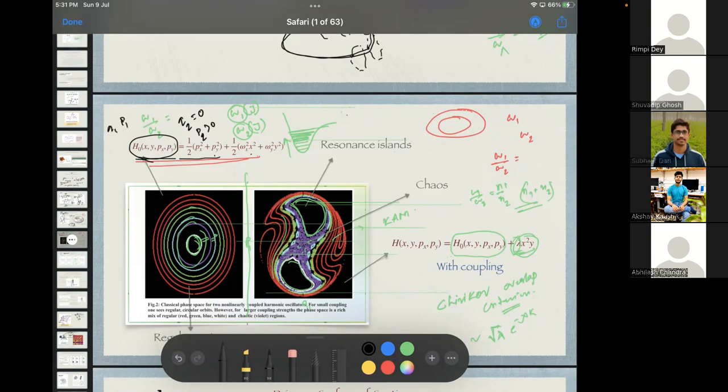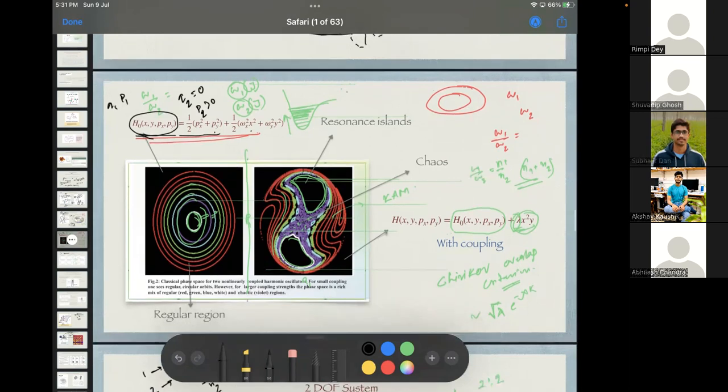The surface is Q2 equal to 0, and these plots are, let's say, P1 and Q1.